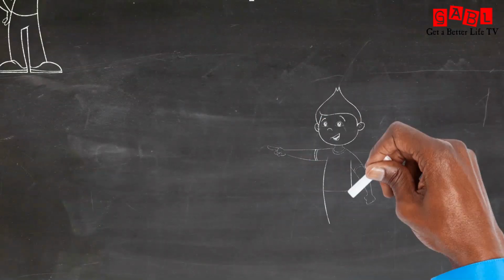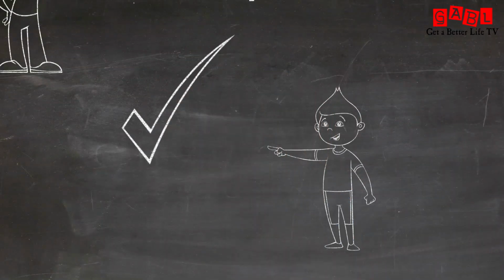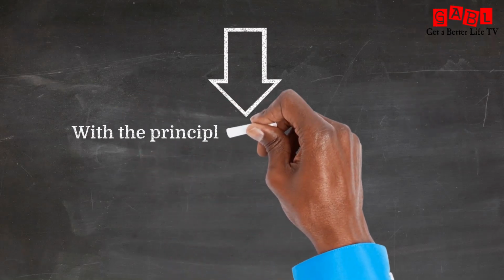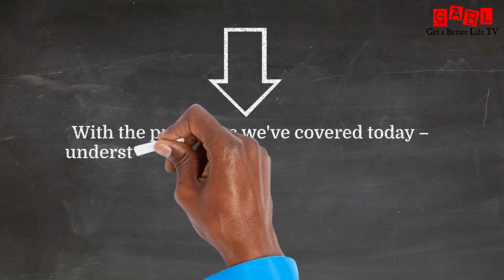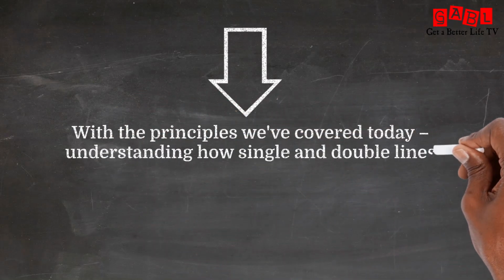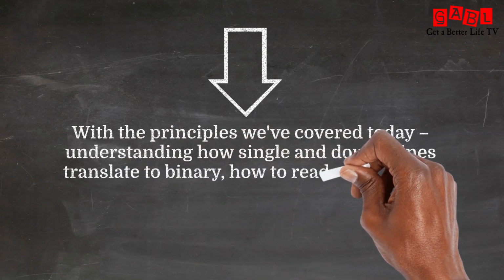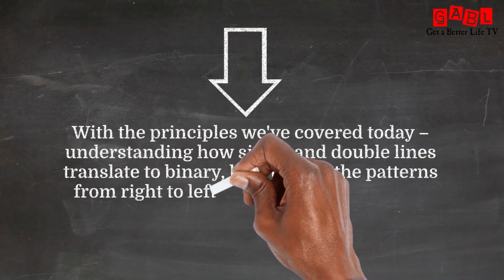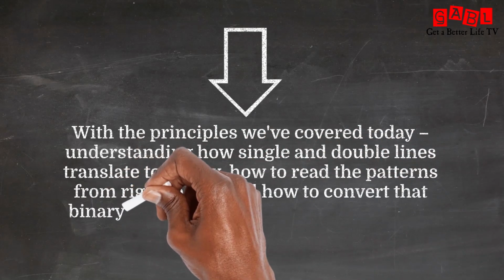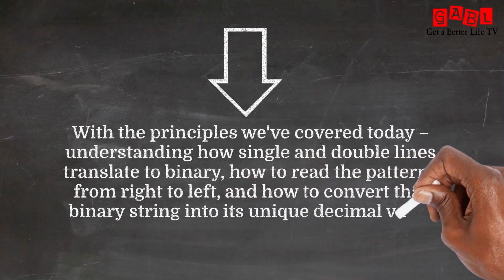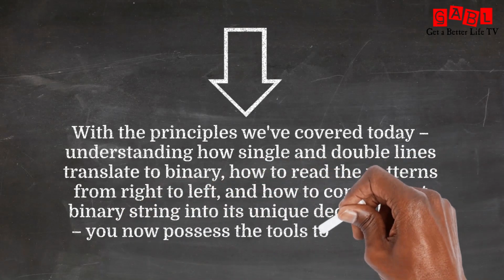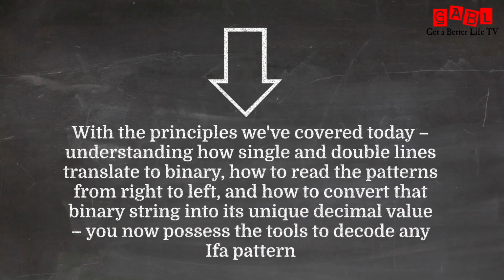Now, the beauty of this mathematical understanding is that it empowers you with the principles we have covered today. Understanding how single and double lines translate to binary, how to read the patterns from right to left, and how to convert that binary string into its unique decimal value, you now possess the tools to decode any pattern.